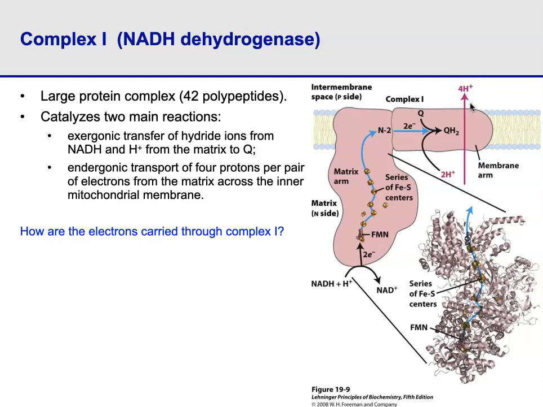But again, like I said, it is not exactly clear how that happens, because the location of the actual transport sites, and where ubiquinone is converted to ubiquinol, are quite far away.